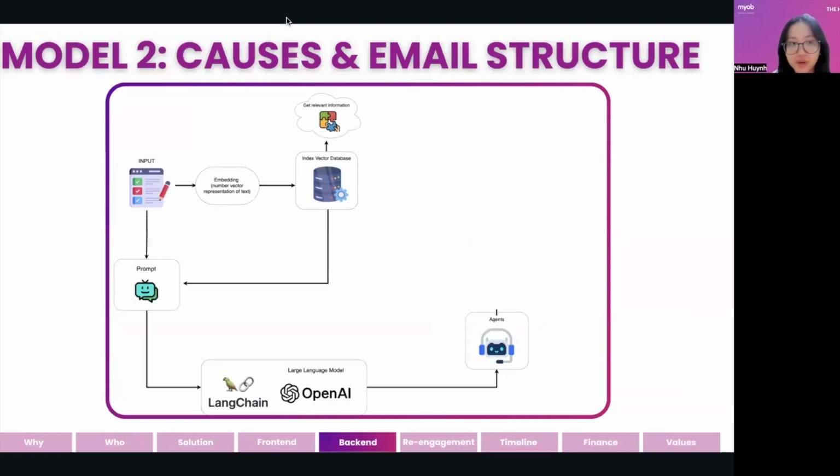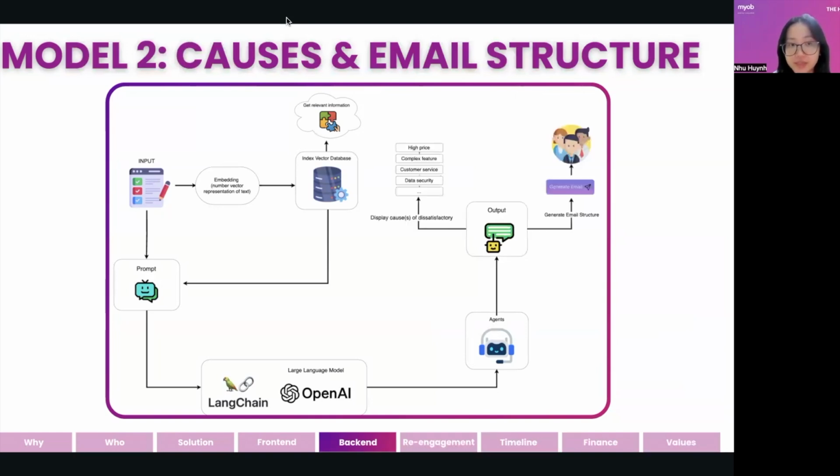A large language model powered by LangChain and OpenAI then analyzes the embeddings to pinpoint and categorize the causes of customer dissatisfaction. The agent makes API requests to generate predictions, and the system will output the causes and create a tailored email structure to address specific issues, ensuring personalized customer outreach. That being said, the expected output of this model includes the causes of customer dissatisfaction, like high price or complex features, and a tailored email template.